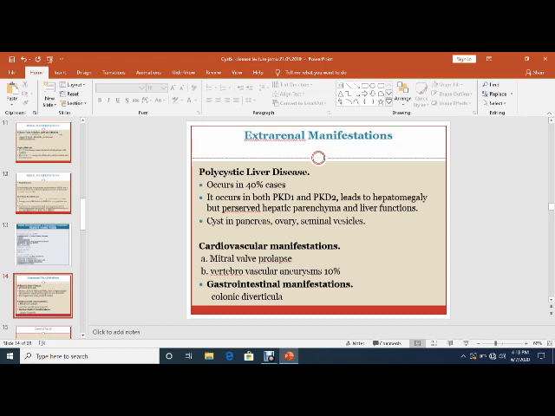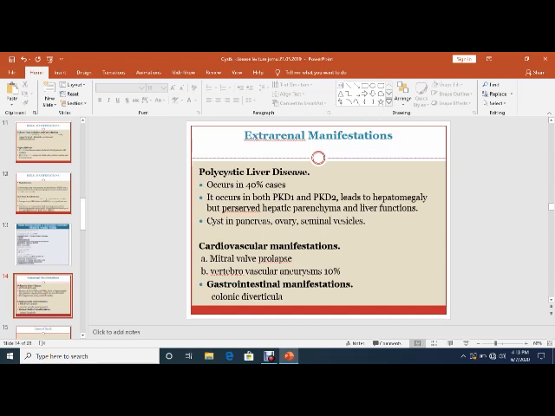Now the clinical manifestation: renal manifestation and extrarenal manifestation. The extrarenal manifestations are polycystic liver disease that occurs in 40% of the cases. It occurs in both PKD1 and PKD2 and leads to hepatomegaly but preserved hepatic parenchyma and liver function.